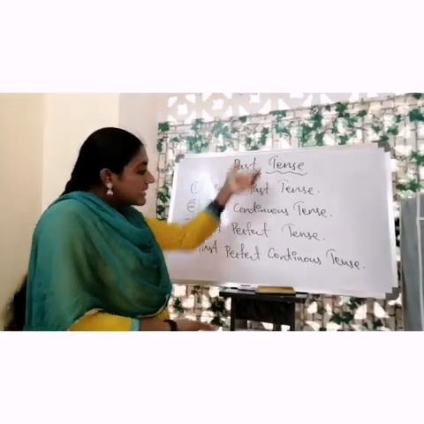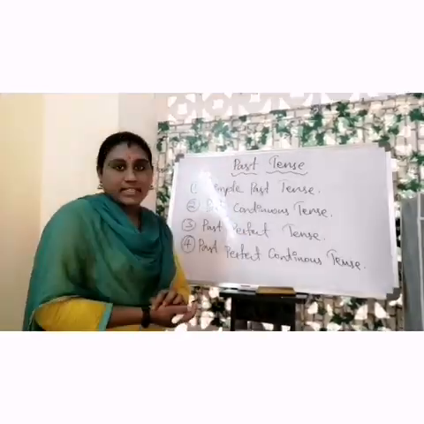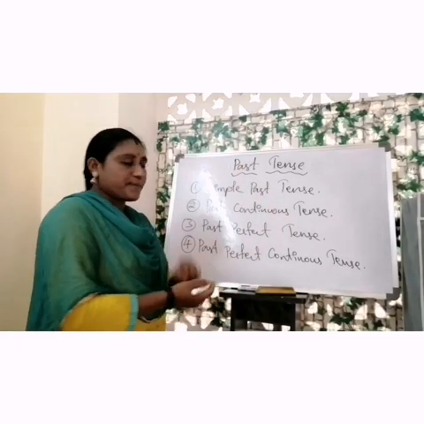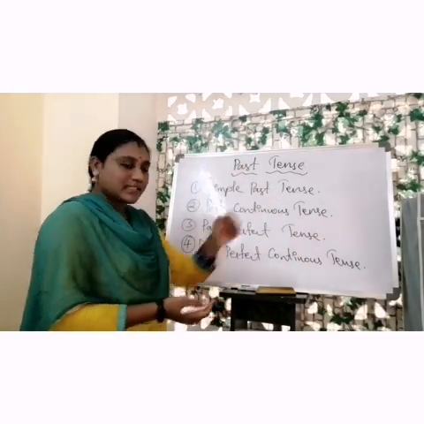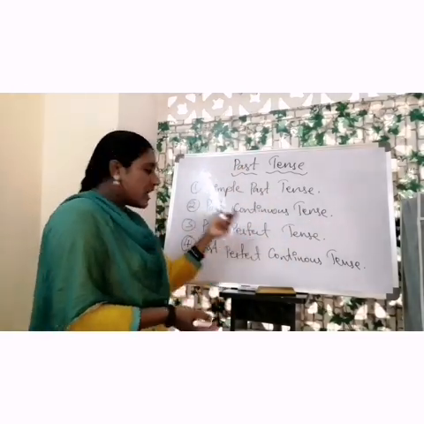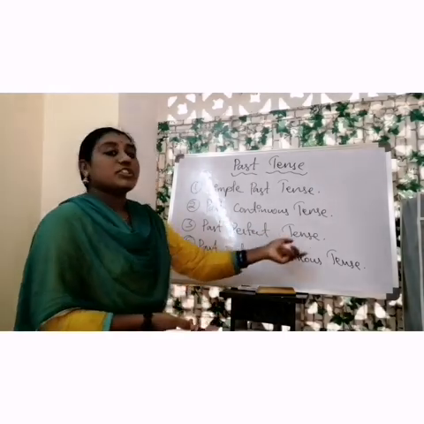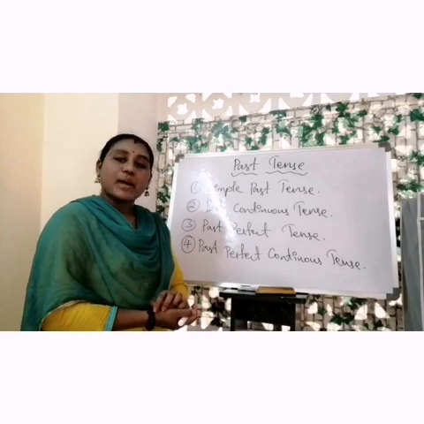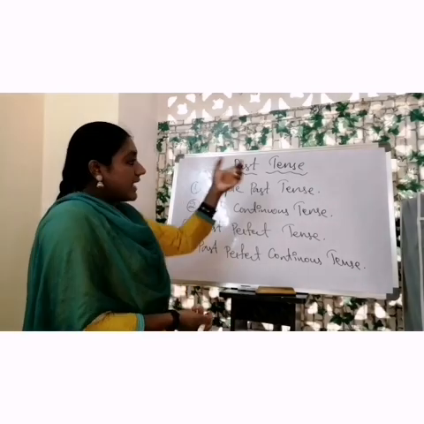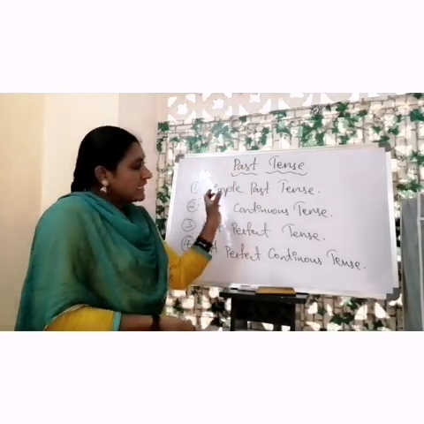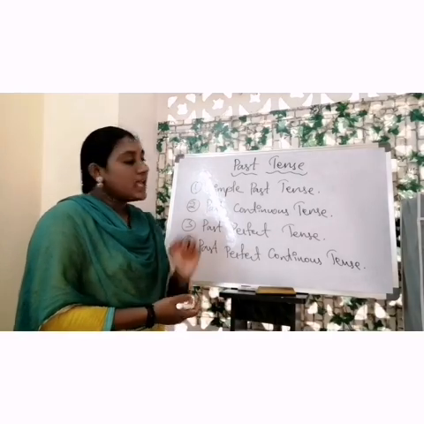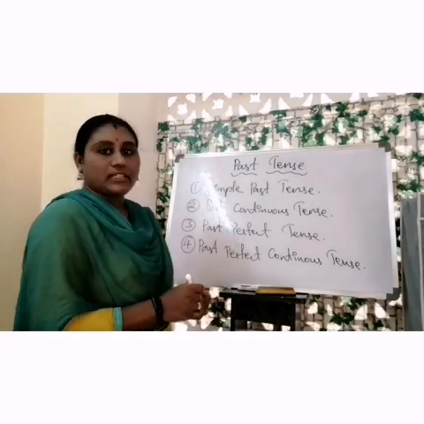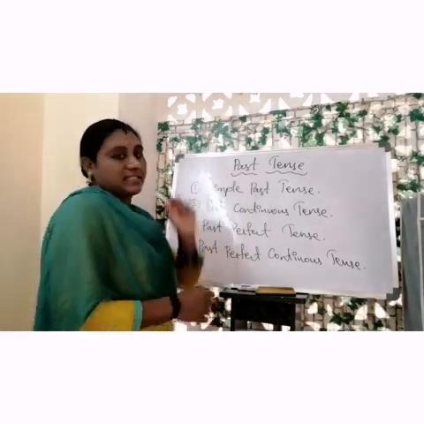So these are the classifications of past tense: simple past, past continuous, past perfect, and past perfect continuous tense. Let's have a glance at each tense. First I am moving to simple past.